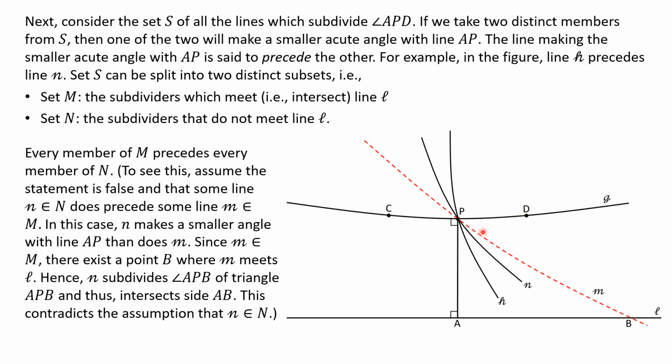So we take all those lines that subdivide APD, and we'll divide those into two sets here.